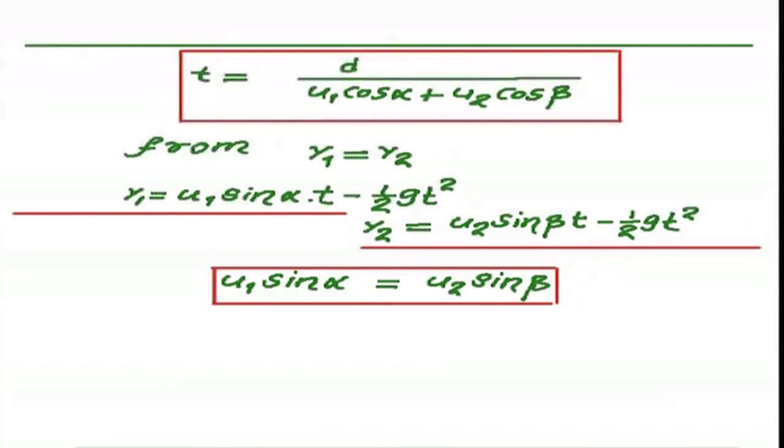So students, you can go through this analysis in order to achieve the time at which collision occurs and a condition there must be equal initial velocity of projection along the vertical direction.